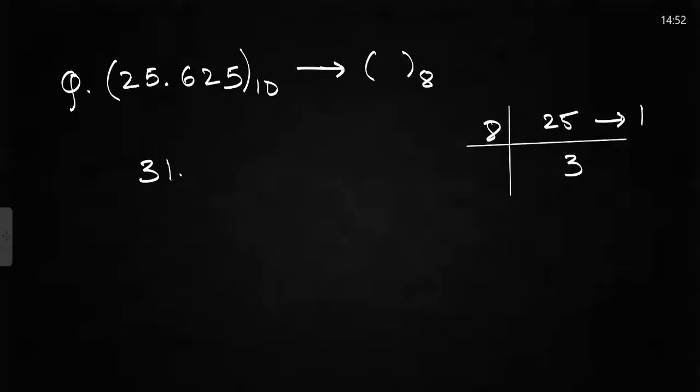Now we will find for 0.625. There we were multiplying with 2, but now here we will multiply with 8. 0.625 into 8, that gives me how much? 8 fives are 40, 8 sixes are 48, 8 twos are 16, 5.000. So 0.625 into 8 is 5.